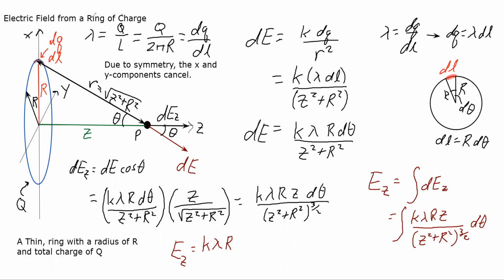What about Z? Does Z change as you go to different parts of the circle? If you imagine this triangle rotating around that circle, that Z is staying the same. So the value for Z is staying the same, which means they're essentially constants. So I could factor out Z outside of the integral, and I can factor out that Z squared plus R squared to the 3/2. And all that's left is the integral of dθ.